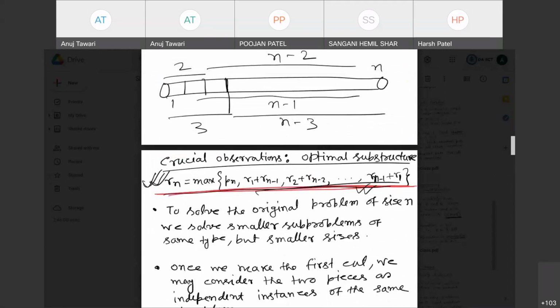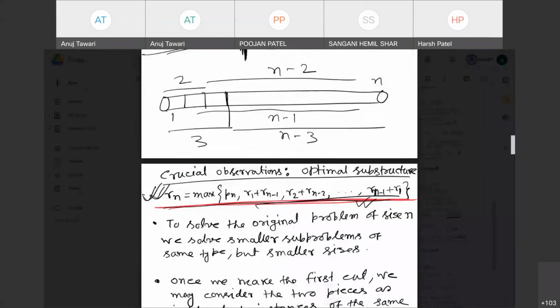Maybe if we can reduce to one subproblem, then we will be good. So any ideas how we can reduce this to computing the solution to just one subproblem?